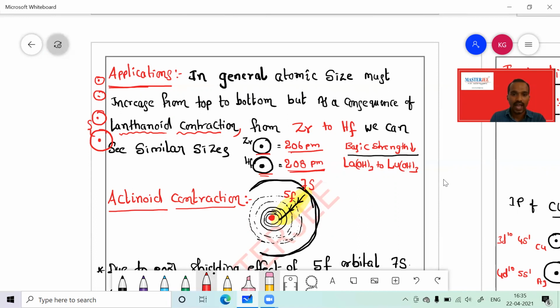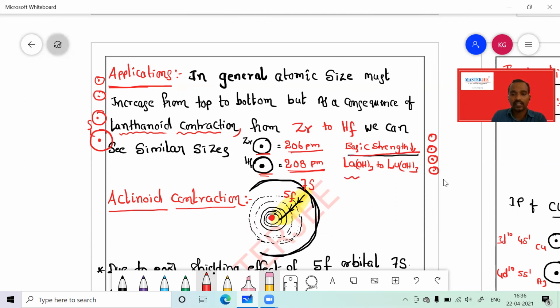Next thing is, whenever the size of an atom increases, its metallic character should increase and it should act as a good base. But due to lanthanoid contraction, the size of the atom decreases. Due to the decrease in size, non-metallic character increases, acidic nature increases, and basic nature decreases.